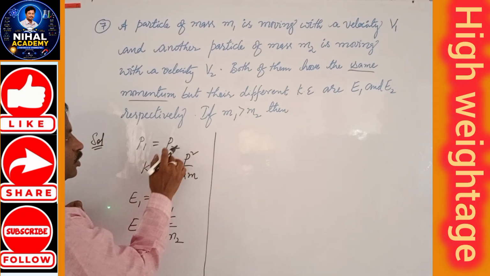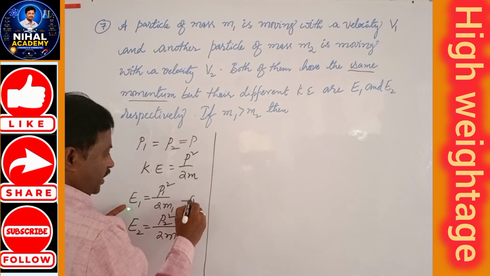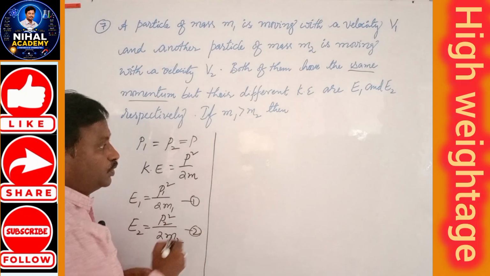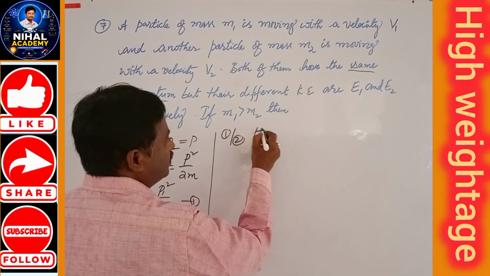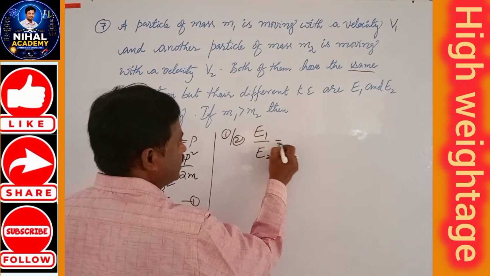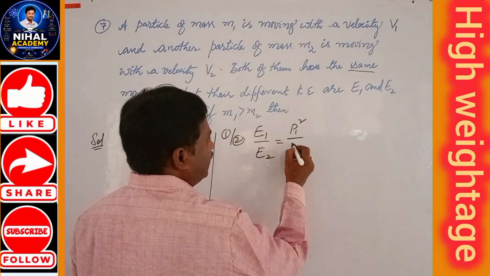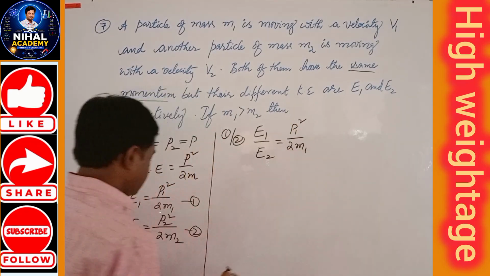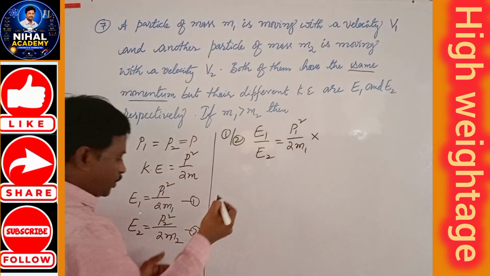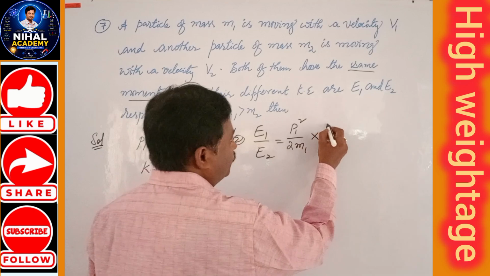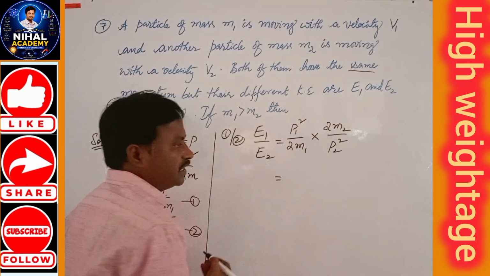We know that P1 is equal to P2, we will take it as P. That means E1 by E2 is equal to P1 squared by 2m1 divided by P2 squared by 2m2, we write it as multiplied by the reciprocal of this fraction, that is 2m2 by P2 squared.